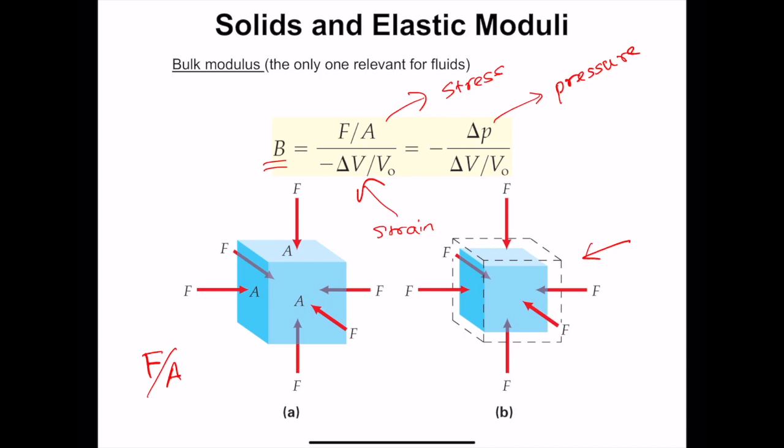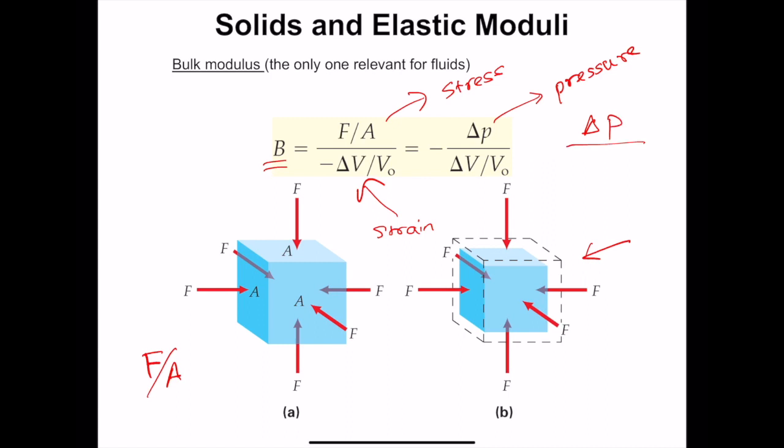If you wanted, you could have just put an absolute value sign around the delta V. The minus here is just in case you use a negative sign for delta V; the minus will cancel that out and make B positive. But there's absolutely no harm with doing this.